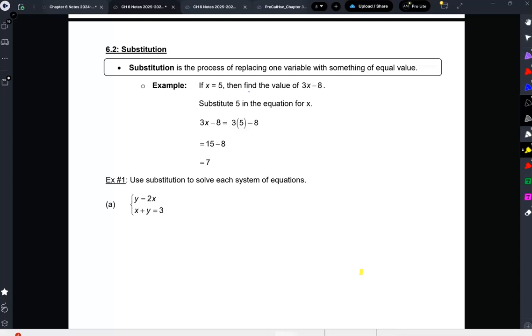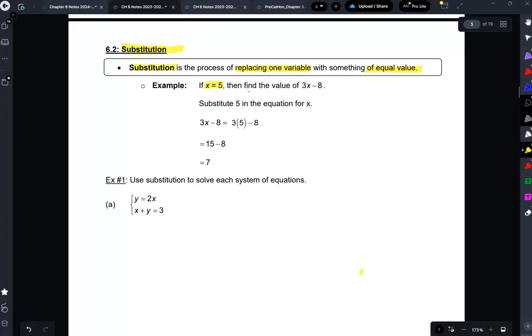All right, so again, substitution is just replacing something like a variable with something that's equal. So look at this one. We are told x equals 5, okay?